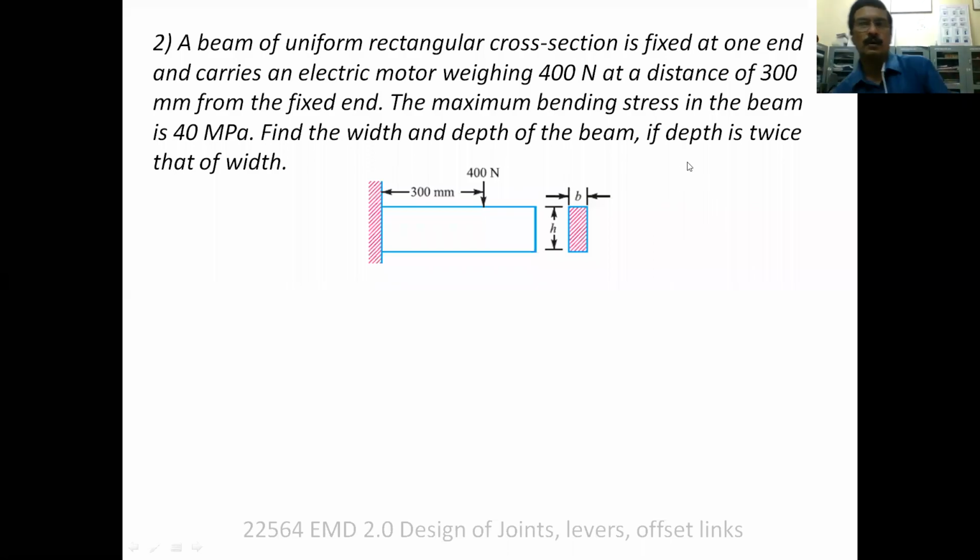Okay, now in the continuation of last lecture of bending stress, let us have one more problem based on this bending stress.